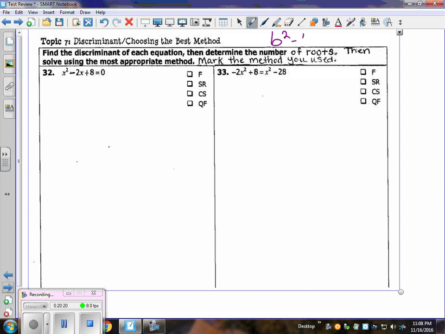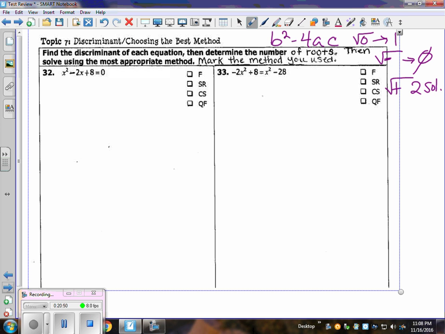And if you plug your numbers in, you can find out just how many roots or answers you're going to have. So if I get a square root of 0, I'm only going to have one answer. If I get a square root of a negative number, then I'm going to have no real solution. And if I get a square root of a positive number, I'm going to have 2 solutions.